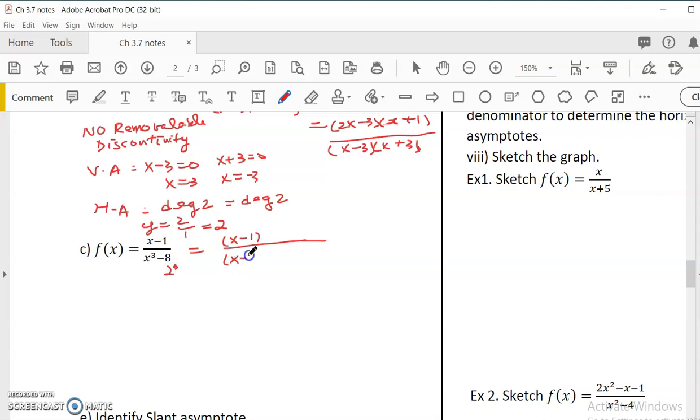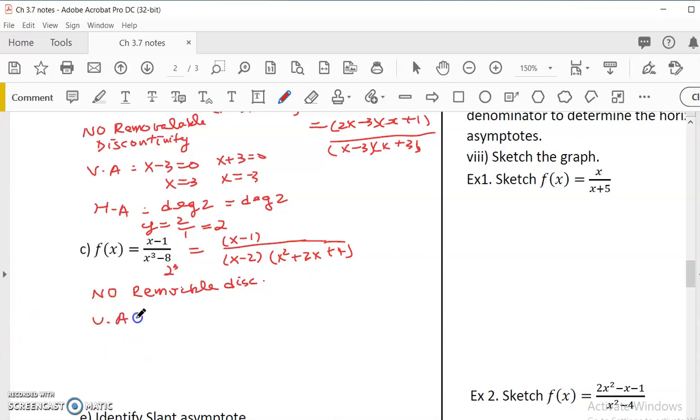So I can factor as x minus 2, x squared plus 2x plus 4. So x cubed minus 2 cubed, that's how you factor it. Now, no common factor, so no removable discontinuity.